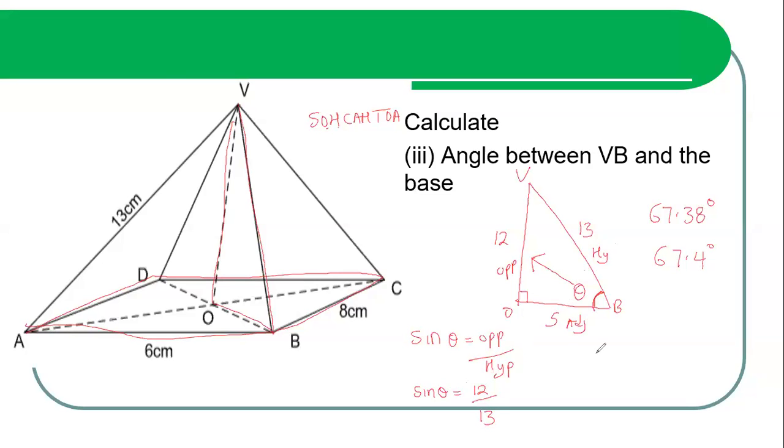I go to my calculator and do 12 divided by 13. I end up with sine theta equal to 0.923076923. Therefore theta is equal to sine inverse of 0.9231. When you place that on your calculator, you get theta as 67.38 degrees, which is approximately 67.4 degrees. So whether you have used sine or tan, you'll end up with the same answer.